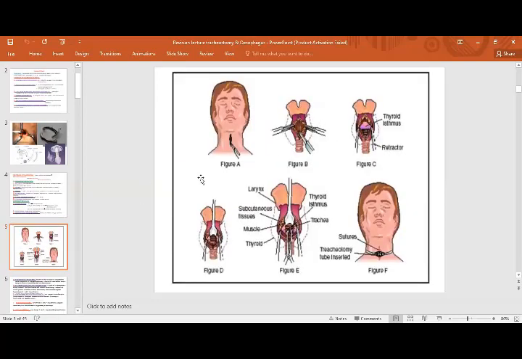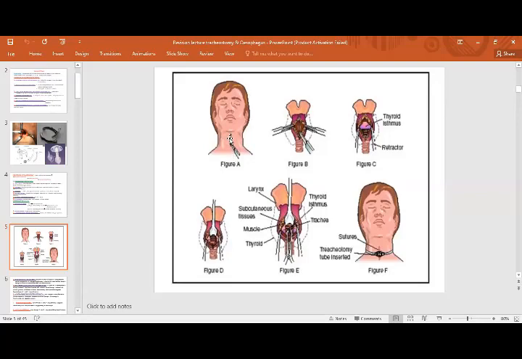This is basically the procedure of tracheostomy, what we exactly do. As you can see, there are two procedures: either an elective procedure or an emergency procedure. In both procedures, a vertical incision should be given below the cricoid cartilage down to the substernal notch.